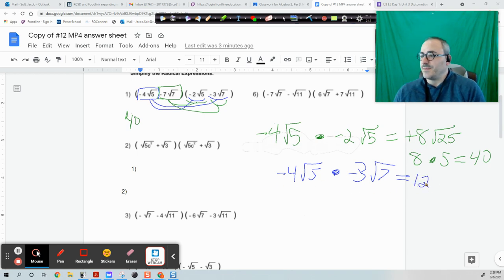They're both negative, so I get a positive 12. And then radical 5 times radical 7 will give me radical 35. So 12 times radical 35, there's not much I can do with that. That's just going to go over here. I might be able to combine things later, but right now I'm just keeping them where they are.